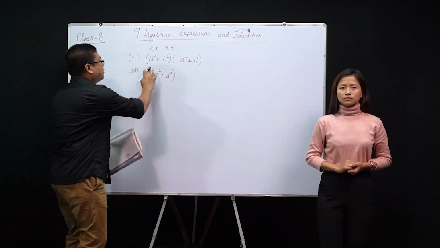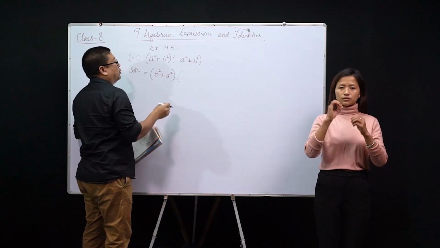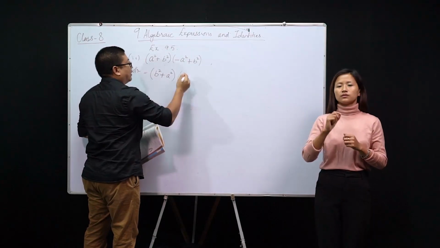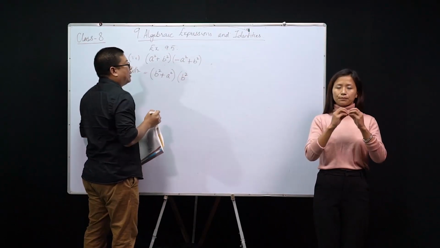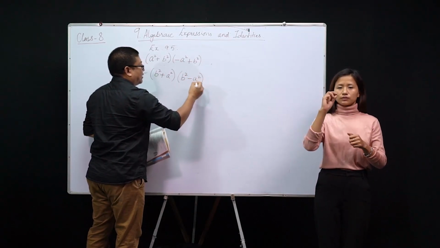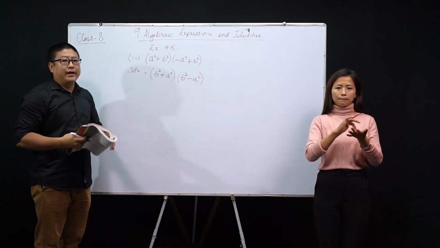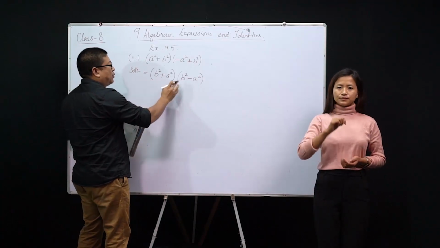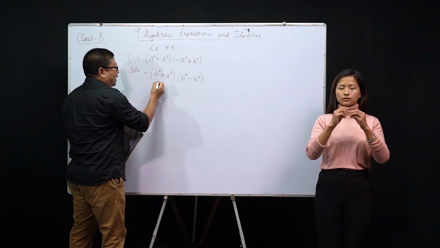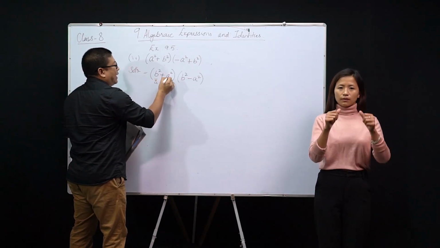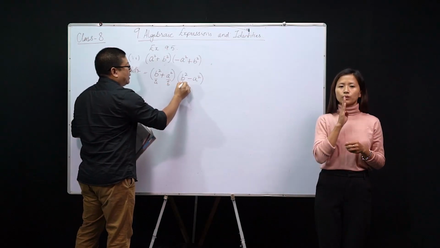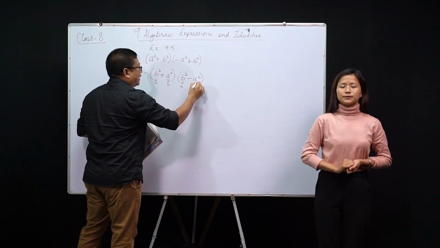So you're writing b square plus a square into, now again in the second expression, b will come in front. b square minus a square will be in the second place. Now if you look at this expression, this b square will be your a, and your a square will be your b.